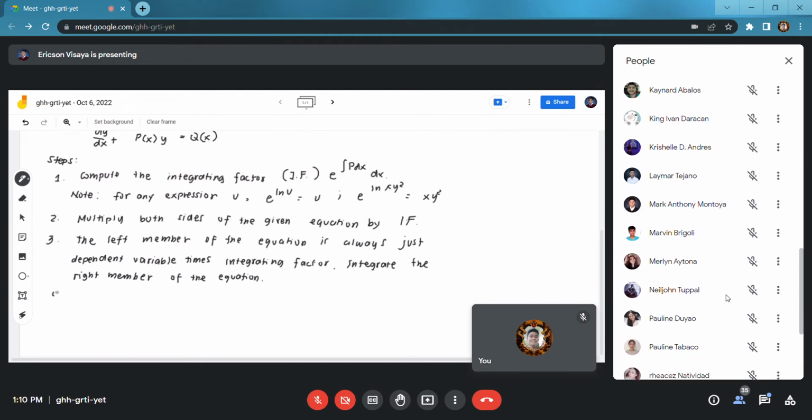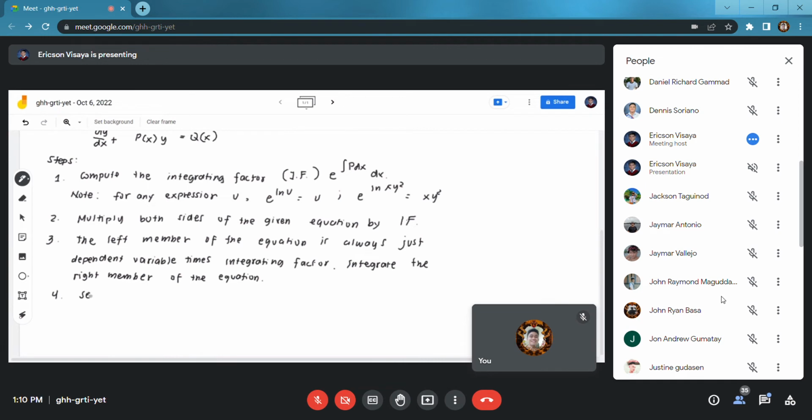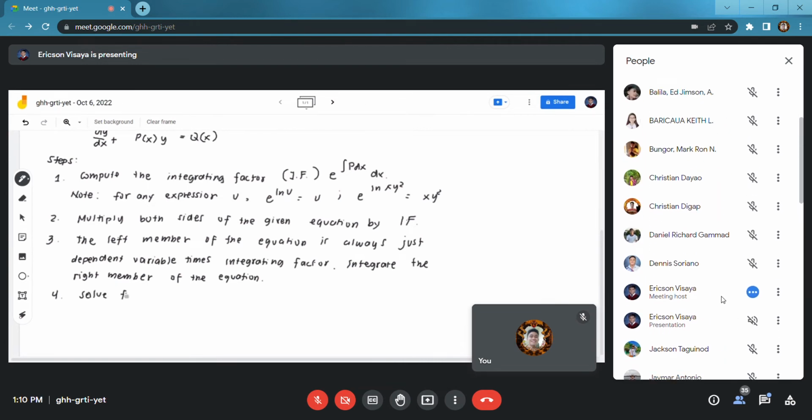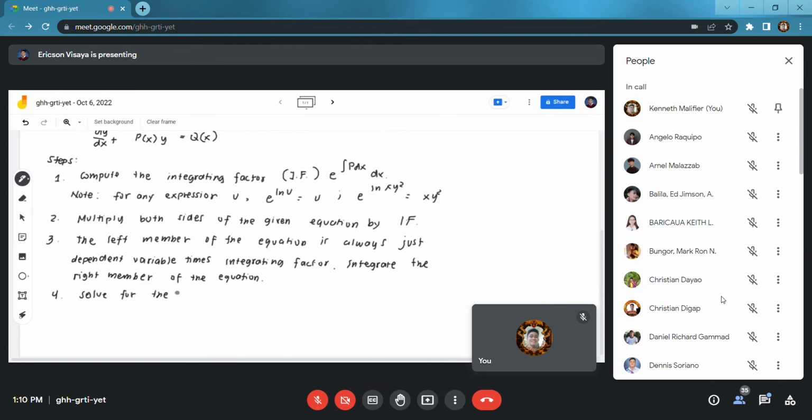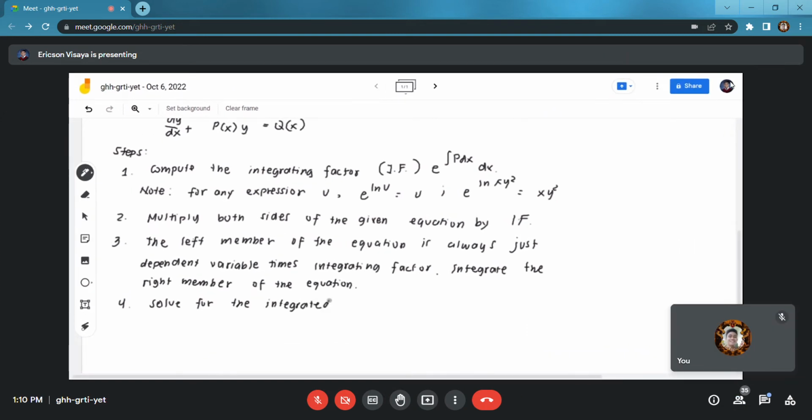Solve the integrated equation for, not necessarily y, and for the dependent variable natin. Kung ano man dependent variable natin dyan.